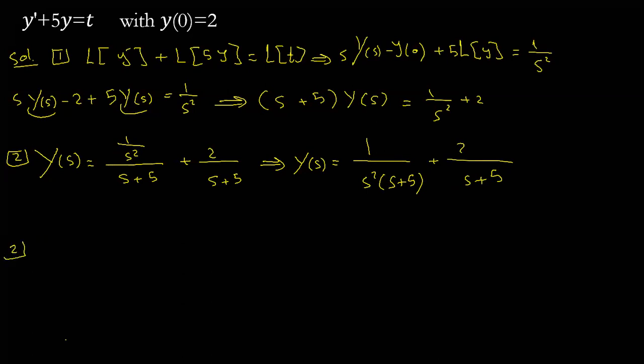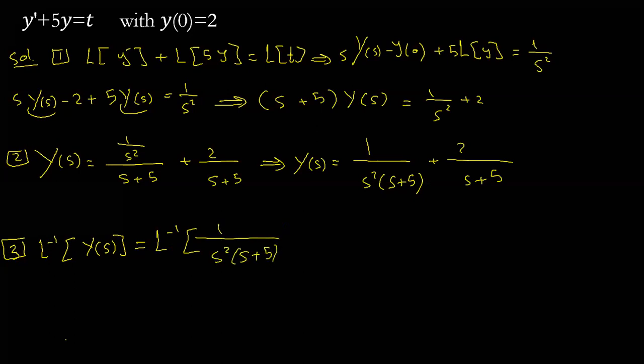Second step, no, it is the third step, is to take the inverse Laplace of this equation. So Laplace inverse of Y capital of S equals Laplace inverse of 1 over S squared times S plus 5, plus Laplace inverse of 2 over S plus 5.